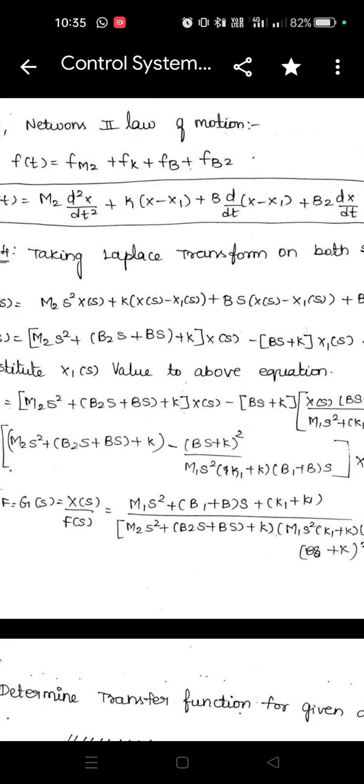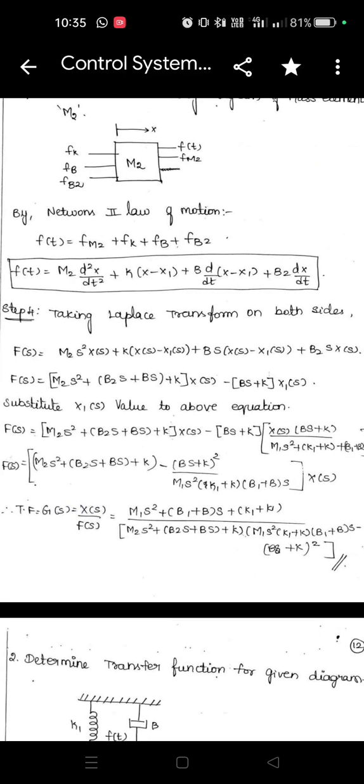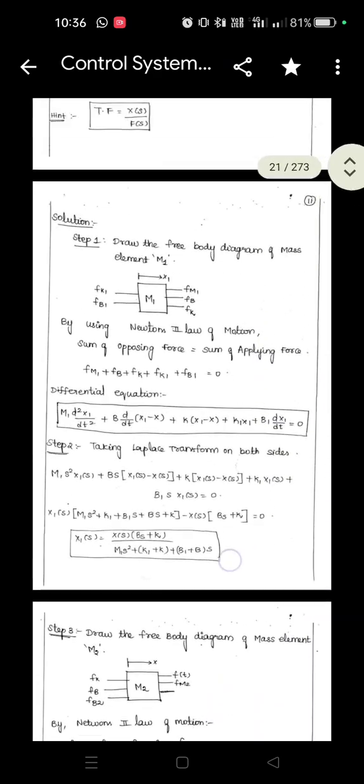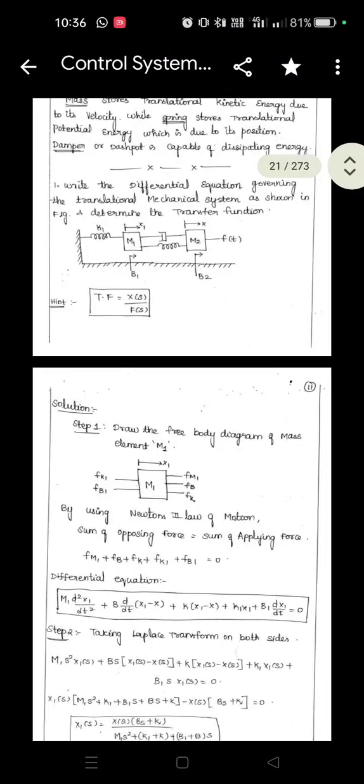So I am converting this one to my left side, and f of s to my right side. So we get the reciprocal term, right? Because I'm moving this one to the left side. So the denominator term comes first, so it will be in the numerator, and the numerator term will be in the denominator, right? So this is my transfer function of the mechanical system.